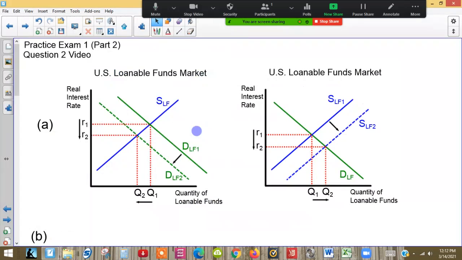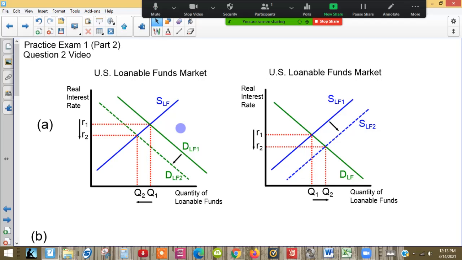So we're actually shifting the demand curve to the left because the government is demanding fewer loanable funds because they're borrowing less, because they're collecting more in taxes and they're spending less in order to increase their budget surplus.